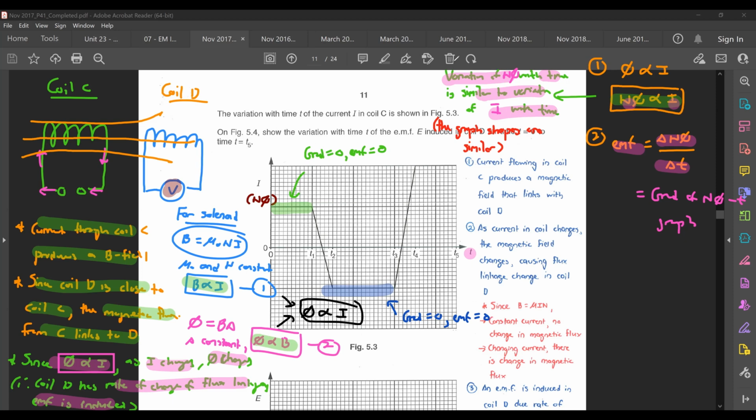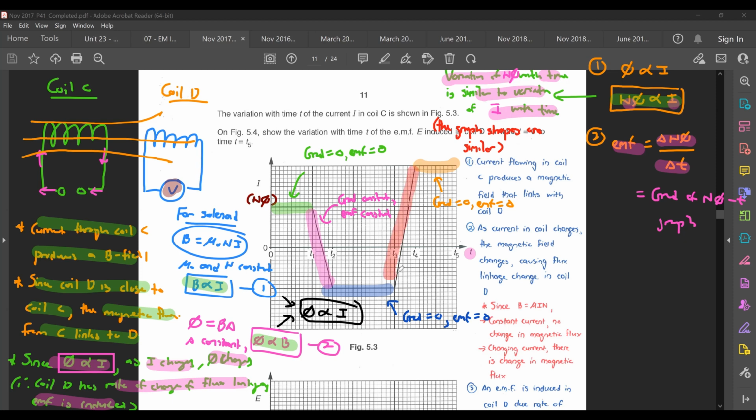And then this part here again has gradient equal to 0. So EMF equals 0. And as for this part here, the slope part, you could say that the gradient is constant. So your EMF is constant too.